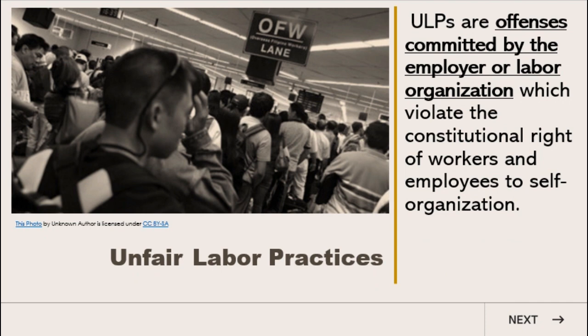Next factor that makes global south experience interstate inequality is the presence of unfair labor practices. So ULP are offenses committed by the employer or labor organization which violate the constitutional right of workers and employees to self-organization.